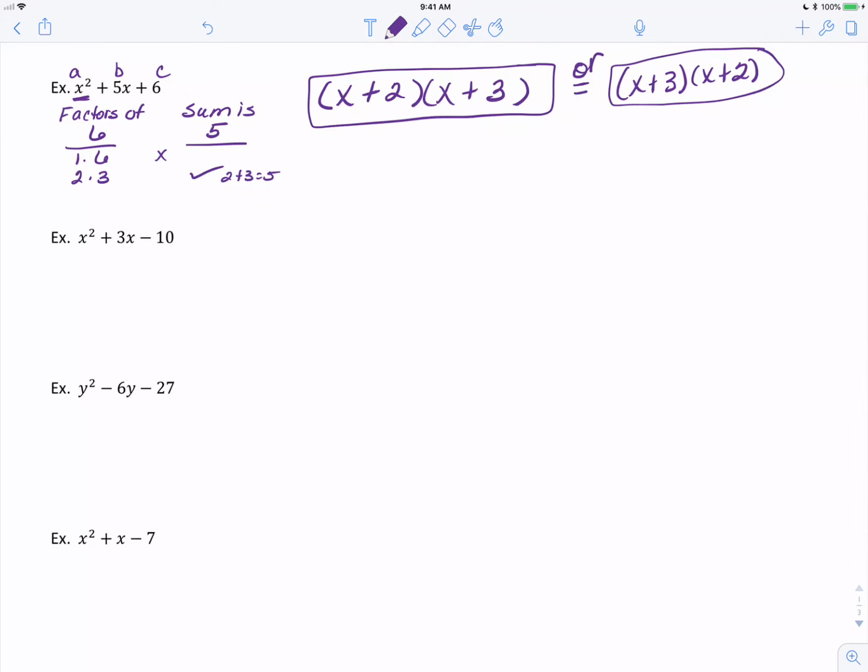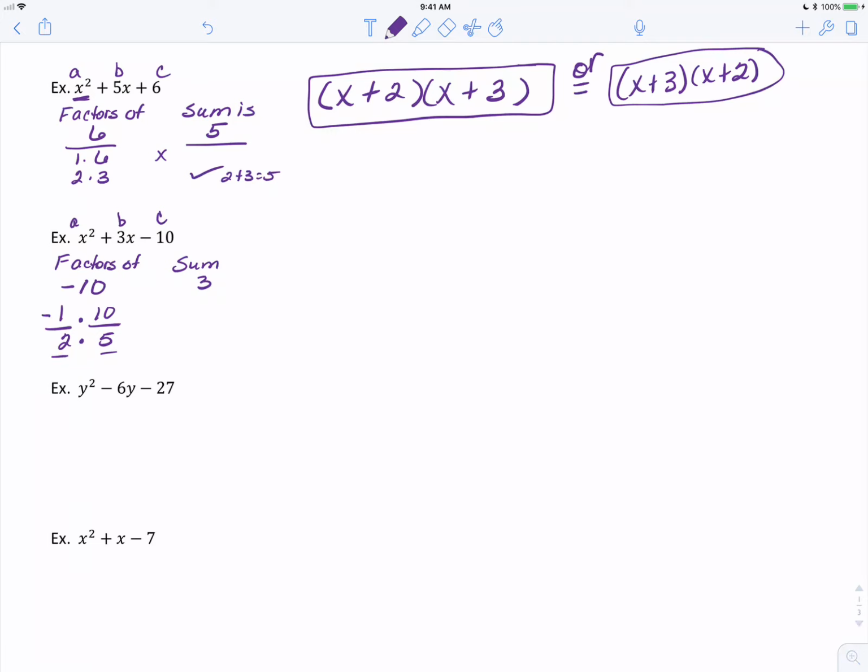All right, well now we have one that's a negative. So we're looking at x squared plus 3x minus 10. So A is 1, B is 3, and C is negative 10. So we're looking for factors of negative 10. What times what is negative 10, whose sum is 3? Well, 1 times 10, 2 times 5, but notice we have negative 10. But when I add them together, I need a positive number.